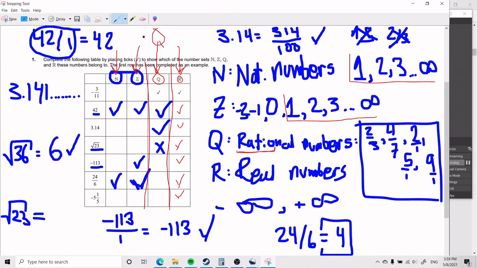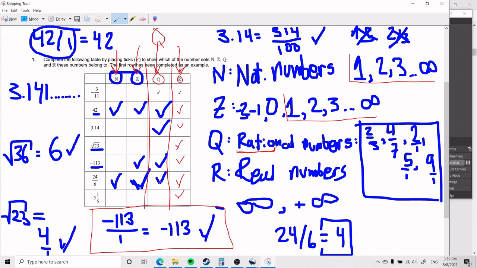So here we would put a big fat X. For negative 113, you can express this as a fraction because, as I said earlier, you can put a divided by 1 over here. 24 over 6 gives you 4, and you can put 4 over 1, so that makes it a fraction or a ratio, a rational number. Good to go. And last but not least, this number here is also a fraction or a rational number, and you can literally see that it is just visually.